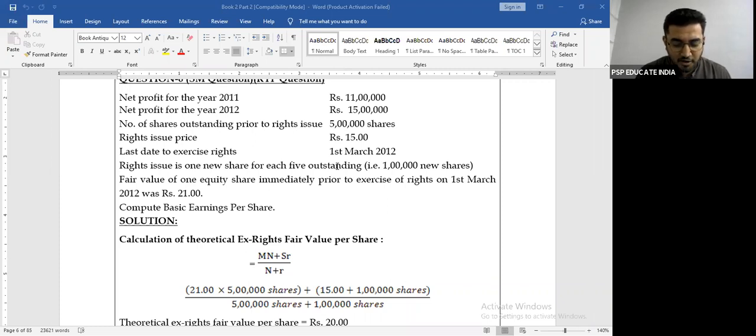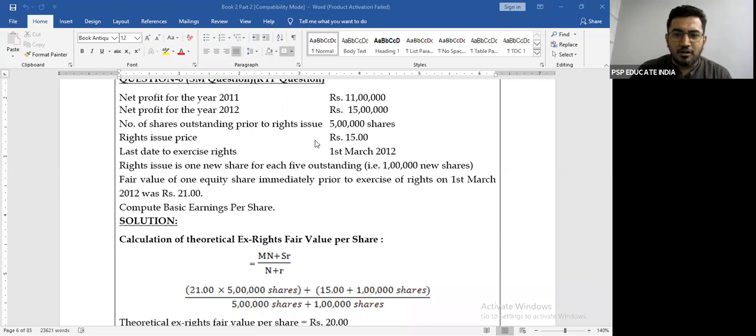Theoretical ex-rights value per share is what we want. $20. How do you get that? (Mn + SR) / (N + R).